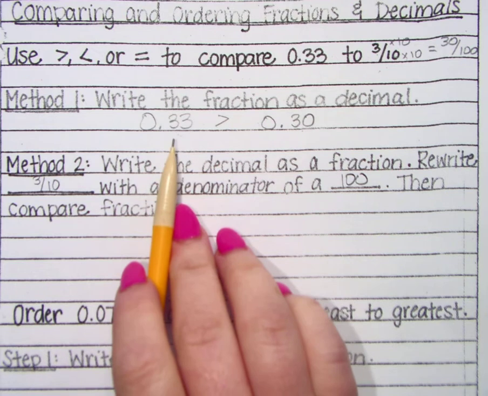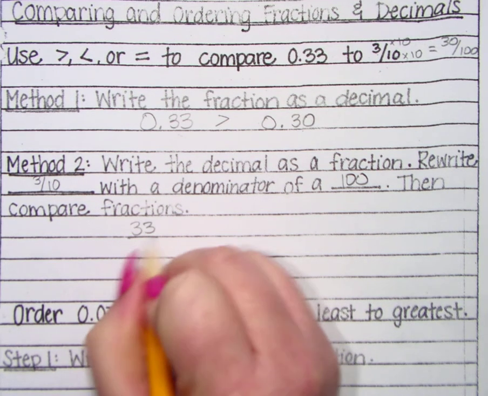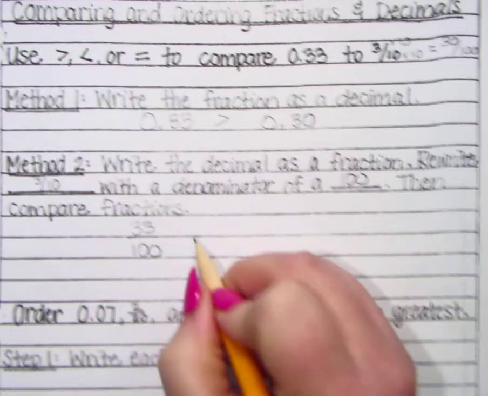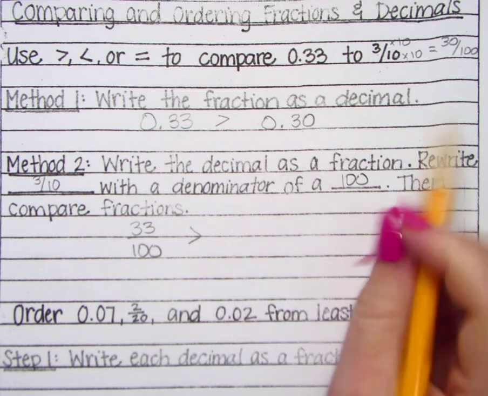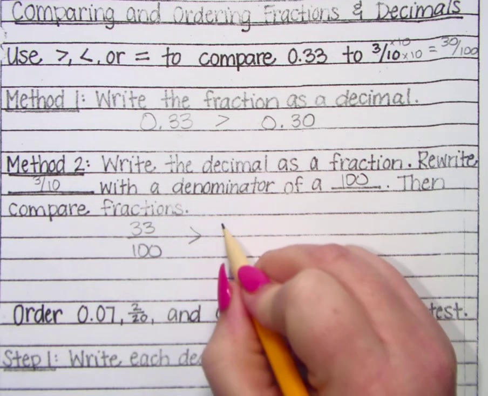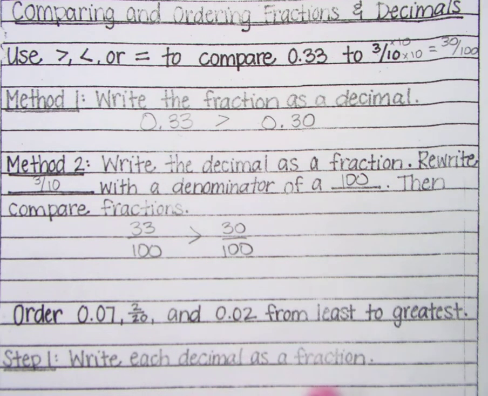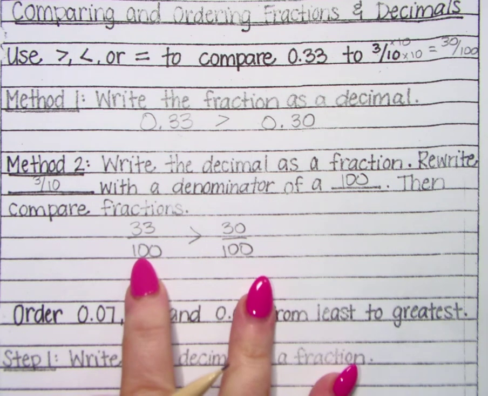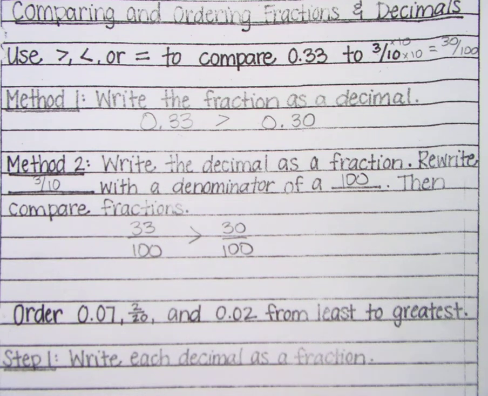So now we have 33 over 100 is greater than 3/10, which we're going to change like I did up here to 30 hundredths. So 30 over 100. So again, we can see 33 hundredths is greater than 30 hundredths. So you've got two options. You can either rewrite your fraction as a decimal, or you can rewrite your decimal as a fraction, okay?